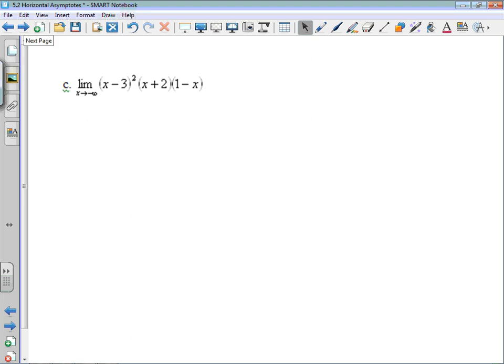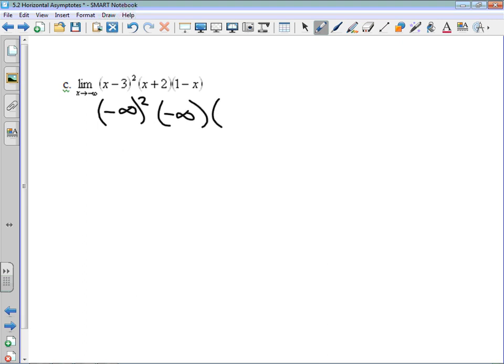Now, you have to watch, and this is similar to the concept we use, that if I'm approaching, not sure why that bracket's there, I'm just going to erase that at this point. If we approach negative infinity, then inside this bracket, I will have negative infinity minus 3, which is just negative infinity squared, times negative infinity times, now this is a tricky one, 1 minus negative infinity, that's a product.